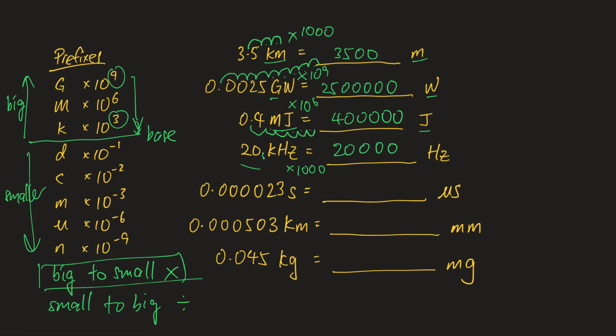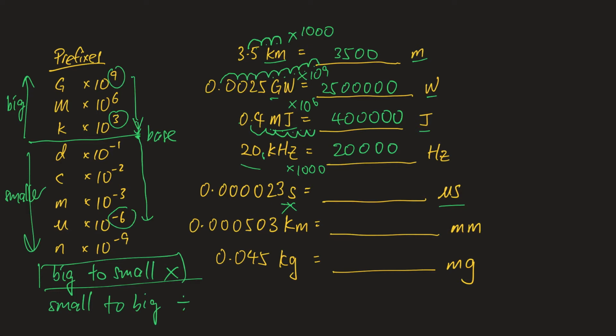So how about if the number is very small, like in this case 0.000023 seconds, you're going to change to microsecond. So from the seconds here, which is at the base here, you're going to convert to microseconds. You're going to change from big to small, so it's times again, because micro is times 10 to the power minus 6.